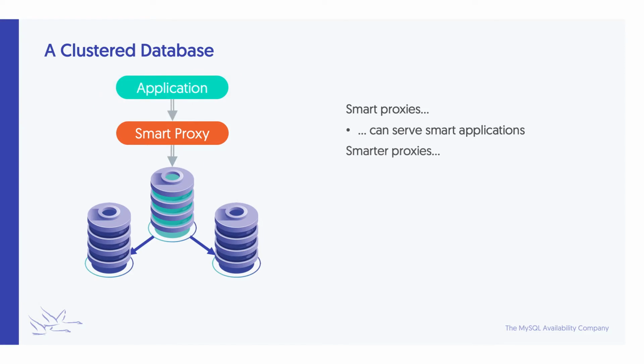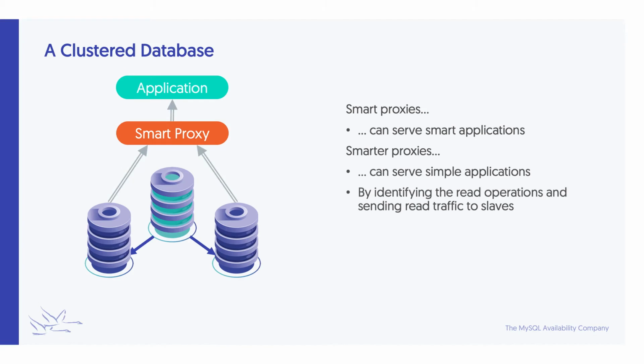With smarter proxies, we can actually do the same for simple applications. The simple application will connect to our smart proxy here, and the proxy will do the job of analyzing the traffic and sending the read operations to the slave instances.